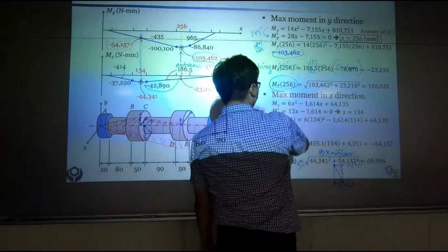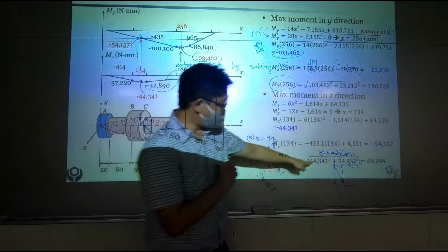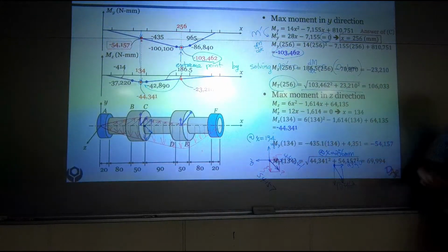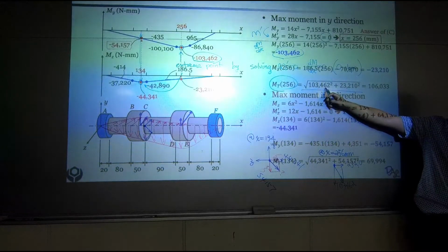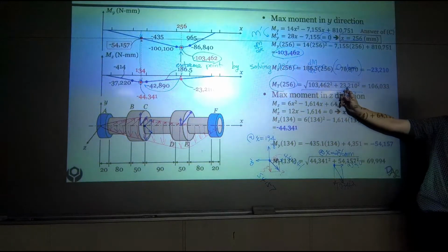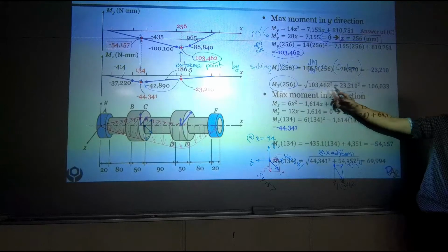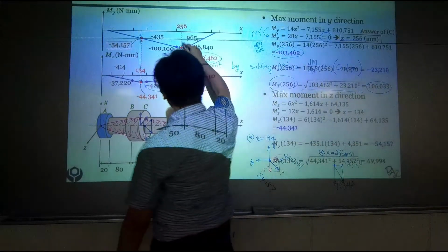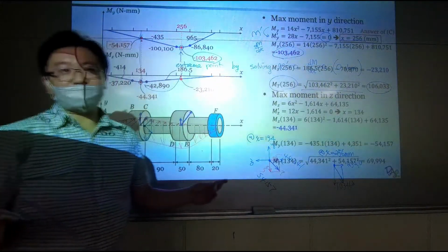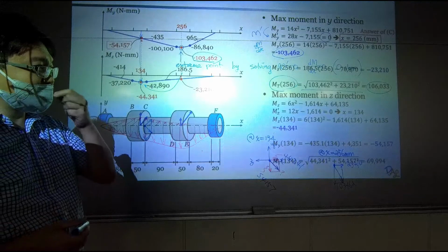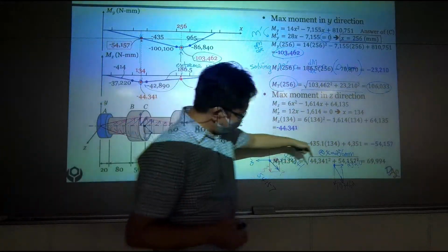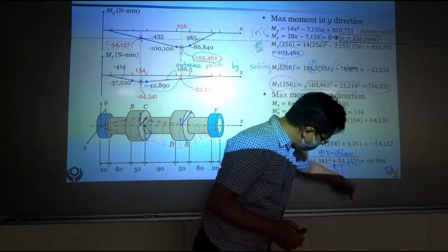The total moment at 256, you can use the square root of the sum of the square of each vector. And then this is the overall moment right at the 256 position. We don't care about direction at this point. We don't need to worry about it. But if you truly want to know, it's going this way.